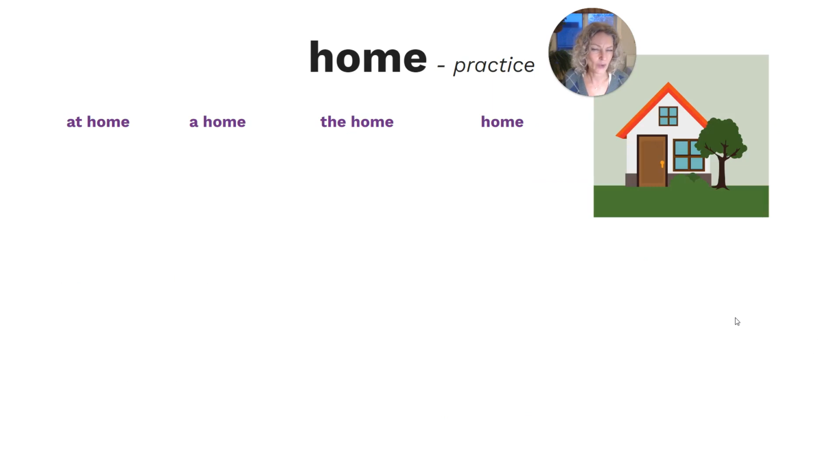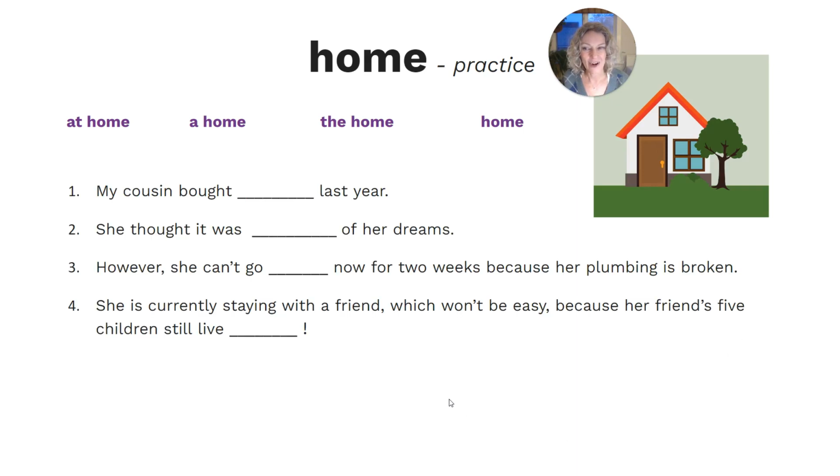So let's practice with home, because that one is really tricky, right? Because it could be an activity, it could be a singular count noun, and it could also be an adverb. So let's see if you can fill in the blanks here correctly. Number 1, my cousin bought blank last year.